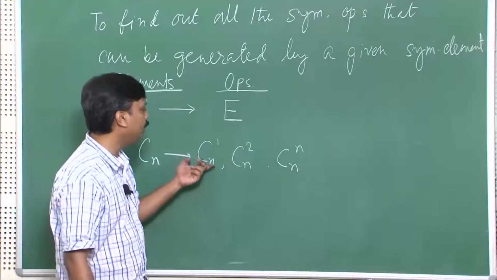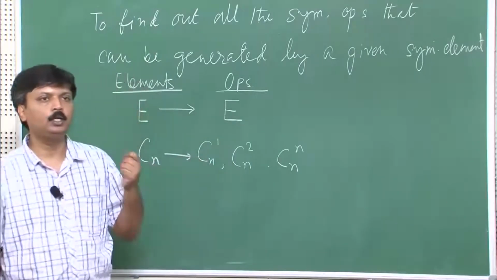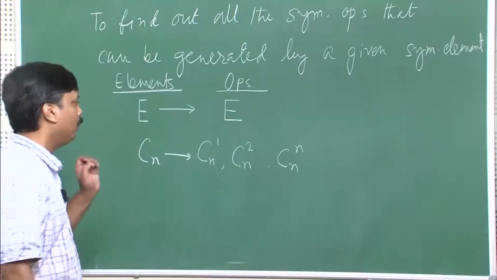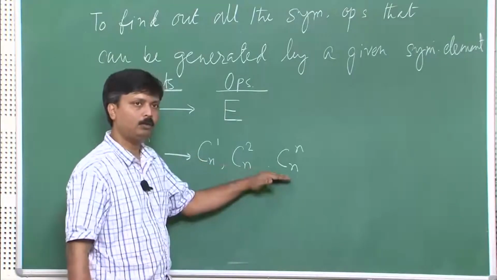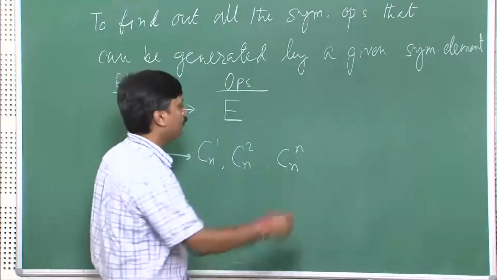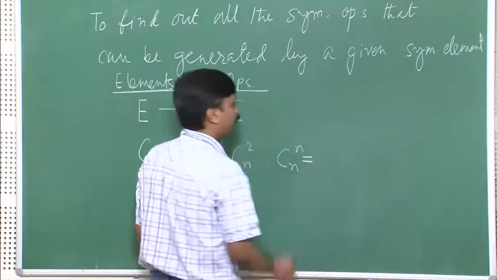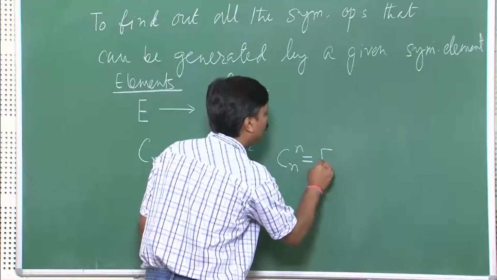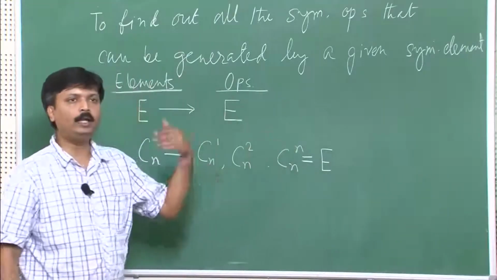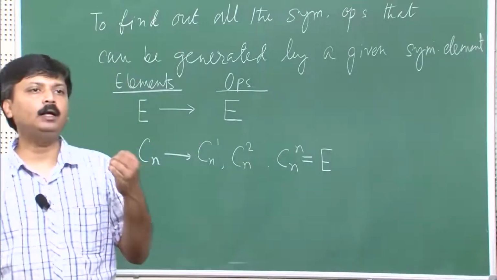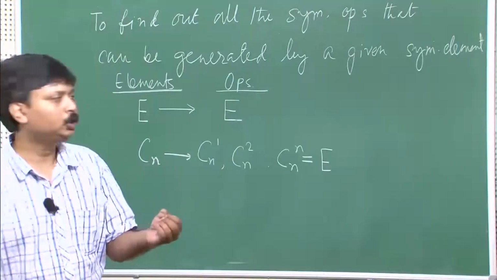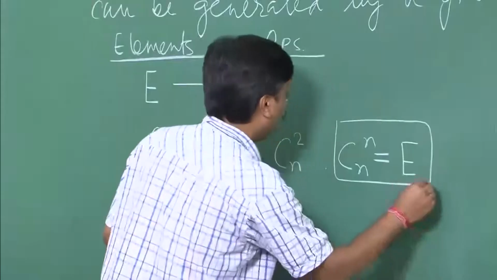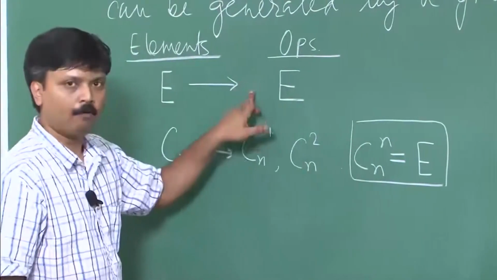So for any given Cn, you can generate n number of operations. Now, out of this n number of rotational symmetry operations, this nth rotation will actually give you back the original structure. So operating Cn n times on any molecule is as if operating the identity operation. So Cn^n is nothing but identity. So that already we have one.